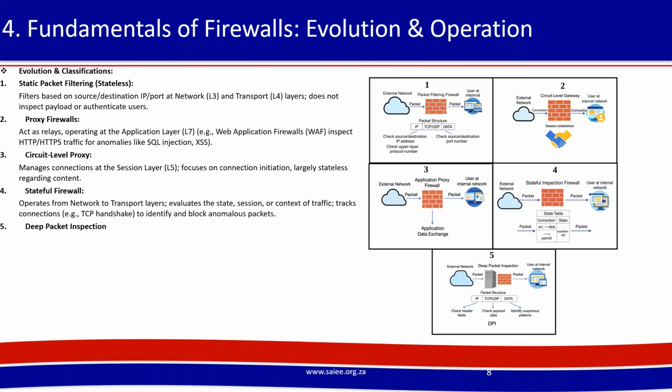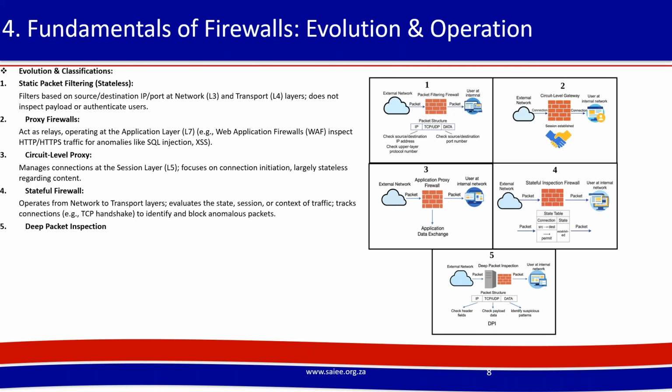Firewalls have evolved significantly. Initially, we had static packet filters, which were stateless and simply blocked traffic based on IP addresses and ports. Quite basic and easily bypassed with more sophisticated attacks.